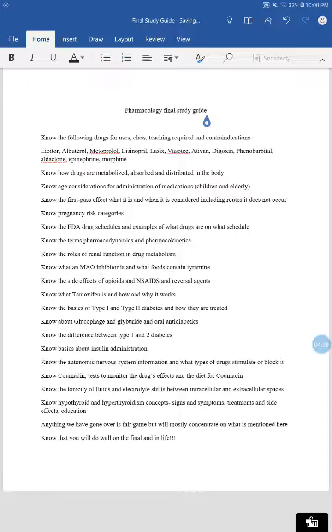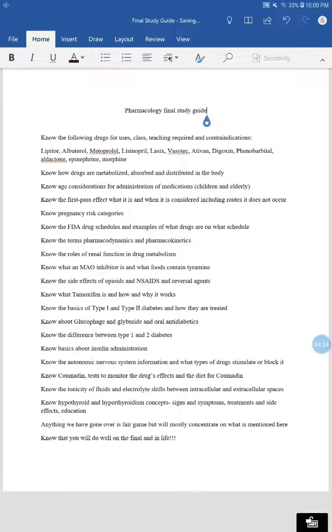So definitely know the difference between type 1 and type 2 diabetes, what the signs and symptoms are, and why they're having those specific signs and symptoms. If you remember the 3 P's of diabetes, you're going to need to understand more of the pathophysiology of why the person is showing those signs and symptoms.